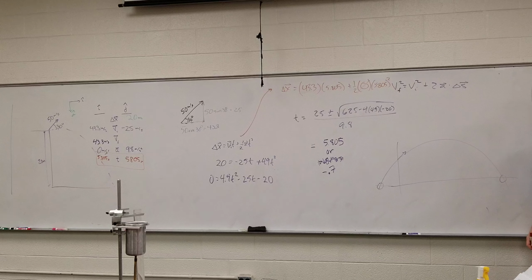So it's a classic distance equals rate times time. 43.3 times 5.805 is 200 and something. 251.35. Units?